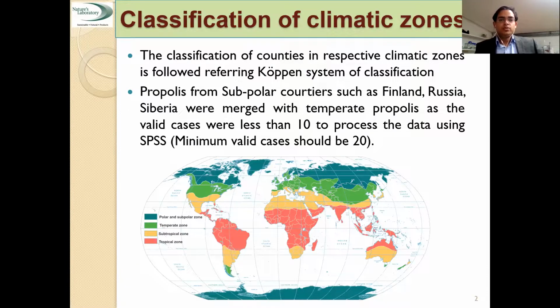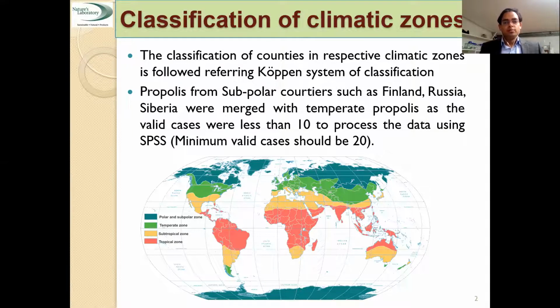As you see in the picture, we have classified the propolis into three different classes: tropical zone, central part the subtropical zone, and the zone shown in green as a temperate zone.